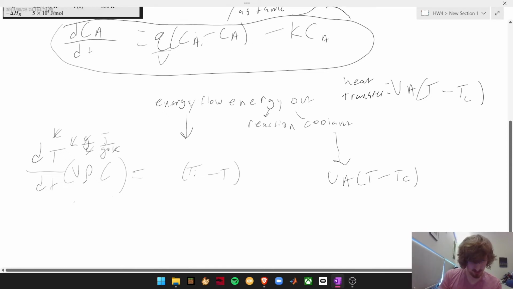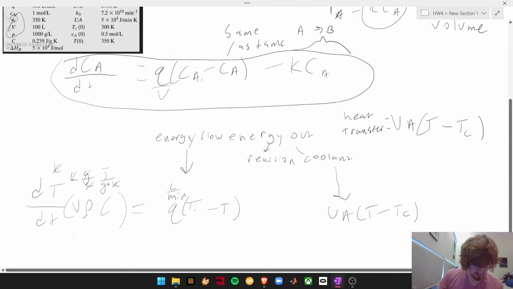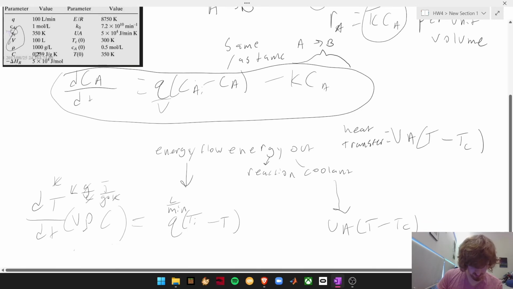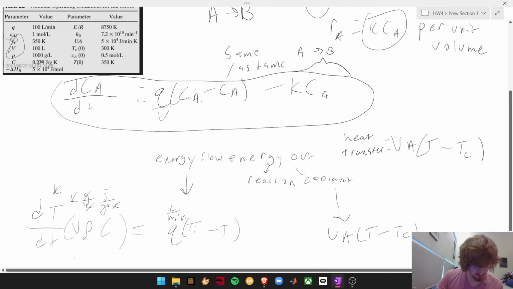Now again, we need to do the same thing we did over here, and we need to get this in terms of joules. So we'll start out with Q, and we know that Q is in terms of liters per minute. And then looking at our parameters up here, we just need to find some things that we can use to multiply across, divide, and figure out how to get this in terms of joules.